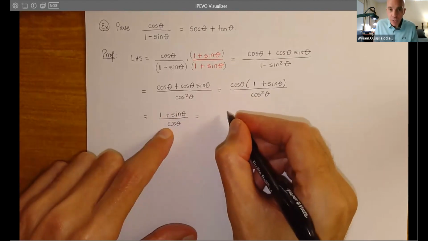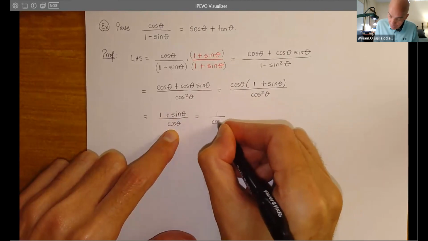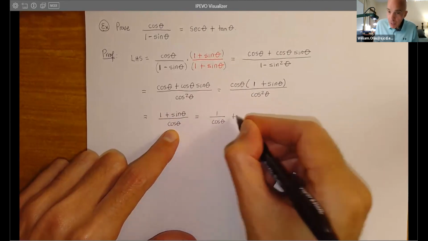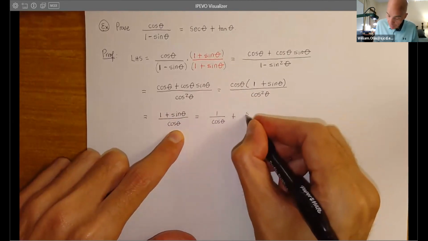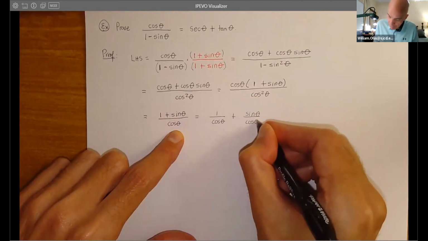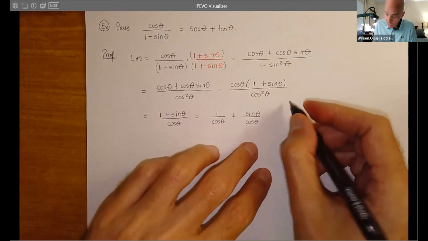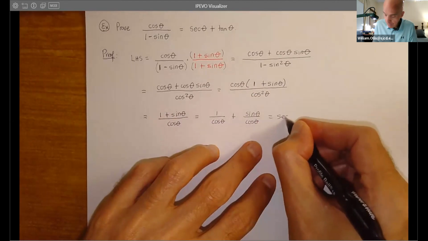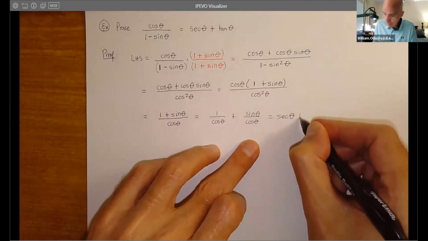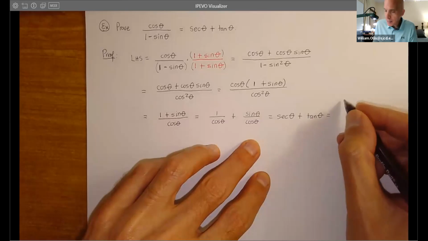And of course now we just break up the fraction, so we get 1 over cosine theta plus sine theta over cosine theta. And so now, of course, this is secant plus tangent, which is the right-hand side.